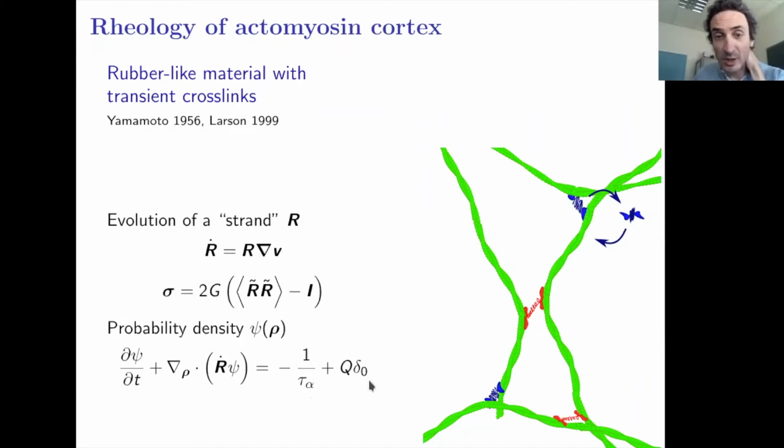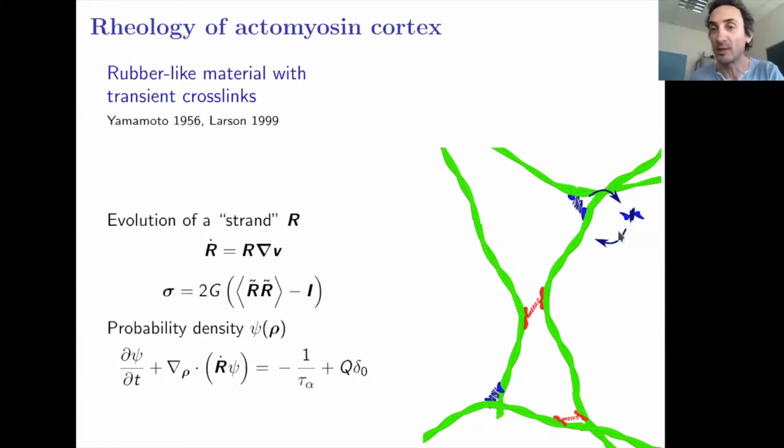In that case, a simple hand-wavy way, not the way of Yamamoto, but the way explained actually in Larson, of handling this turnover of the crosslinks, is to say that they are being removed at some rate and reattached, but they are reattached once the filaments have relaxed. So they're reattached with R being now 0. So that's this delta function here. And Q just ensures that you have mass conservation. Well, that the total number of strands is conserved.